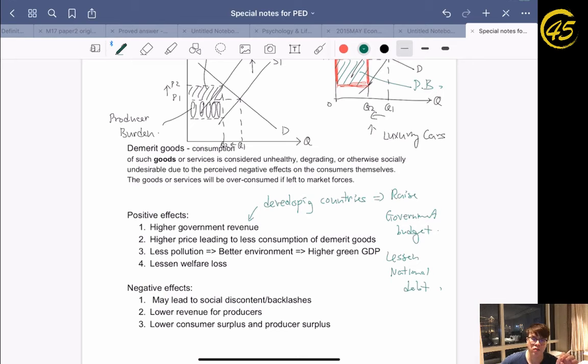For the negative effects, first, it may lead to social discontent as we have discussed, because if the tax rate is too high, the society may create some noise. The second point is lowering the revenue for the producers. Here we are talking about the car producers, whose revenue will be damaged.